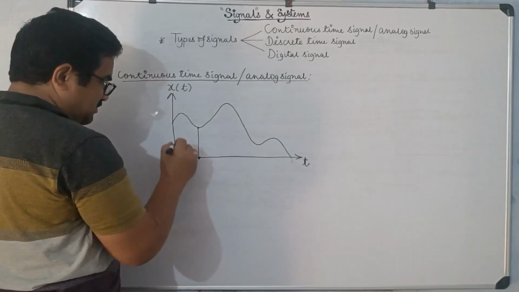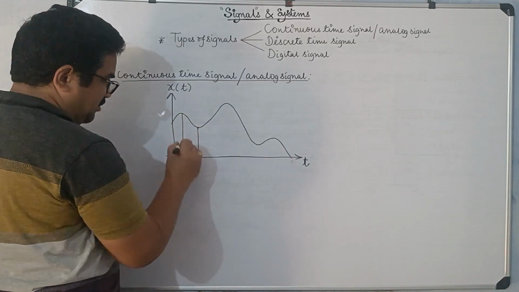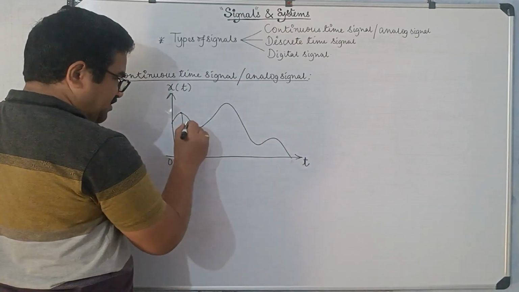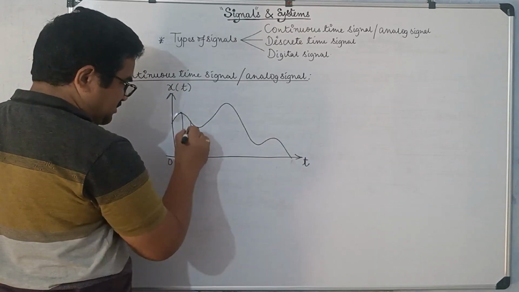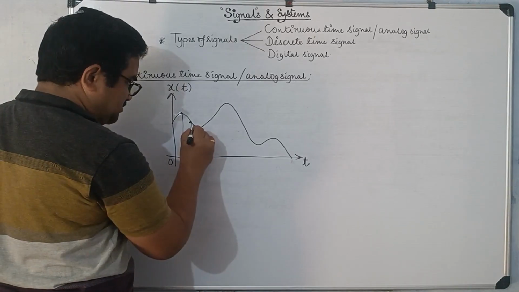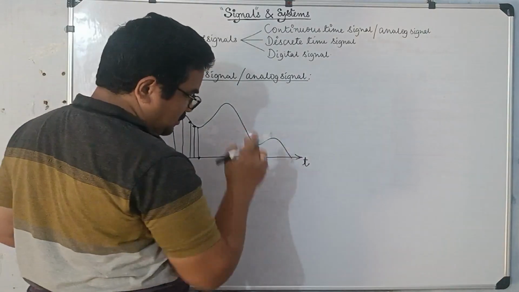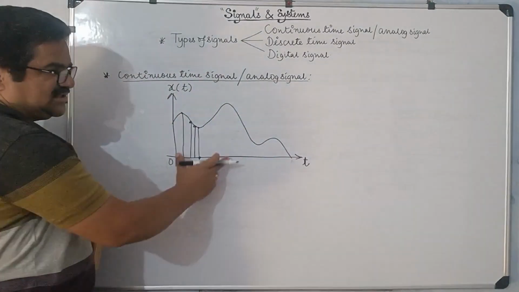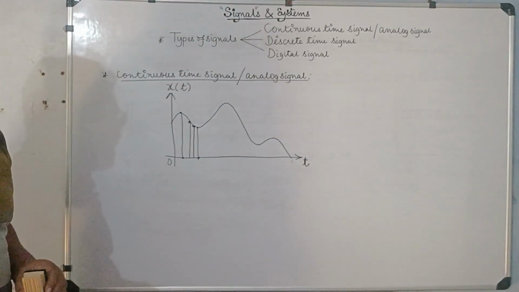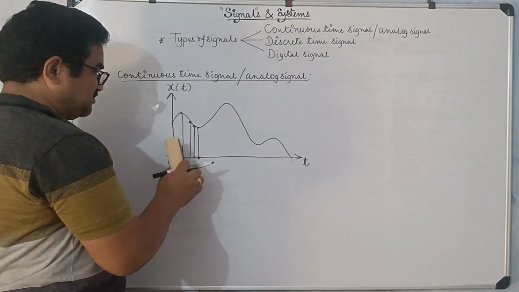Or you take this instant, it also has a certain amplitude. The signal exists at every instant of time. Anywhere in between these two also I have a signal. That means over a certain interval, let us say from 0 to this instant of time, at any instant of time the signal has a certain value. Such a signal is known as a continuous time signal.